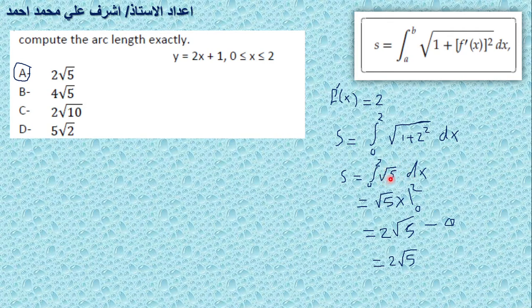The integral of a constant is the constant times x, from a to b, from 0 to 2. We'll substitute the upper limit minus the lower limit. Upper limit: 2 radical 5 minus 0 times radical 5, which is 0. So 2 radical 5 minus 0 equals 2 radical 5. So the correct choice is A.